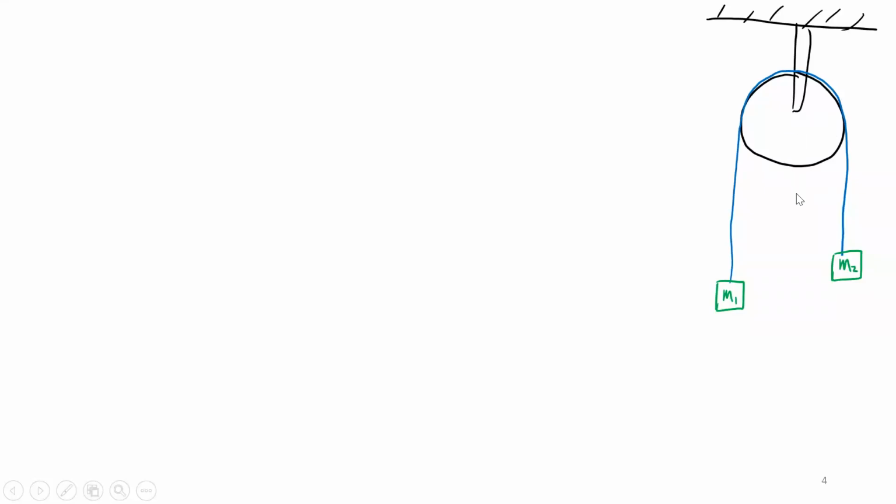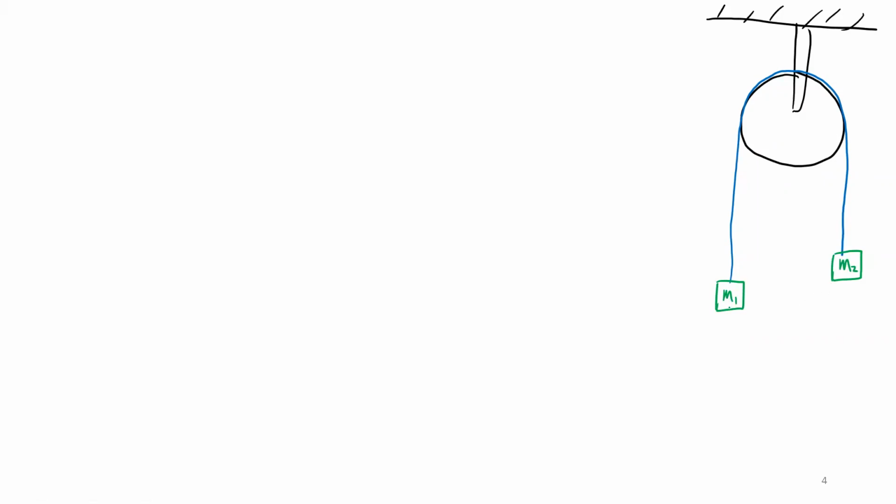Suppose I have this M1 and M2. If I want to find the acceleration of M1, how do you do that? First of all, by intuition, you understand that if M1 is heavier than M2, then this one will fall and that one will go up. And vice versa.